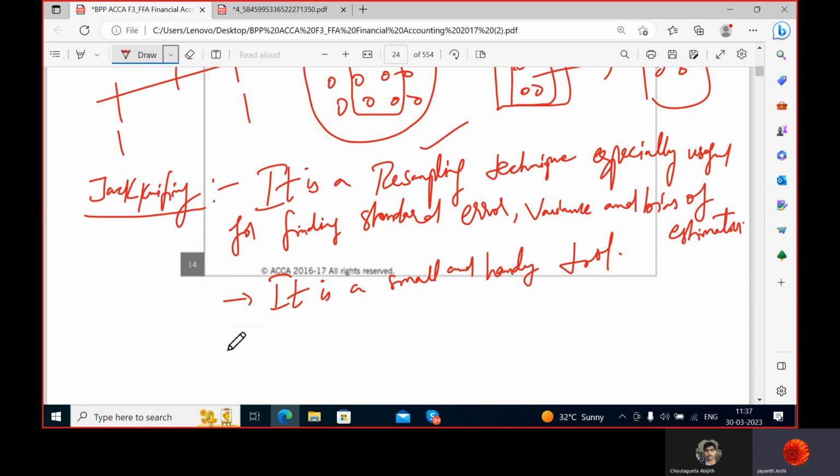One more thing: what we do in jackknifing is we leave out one of the observations from the sample. That means we skip it, we remove it. That is one of the reasons it is also called the leave-one-out method.